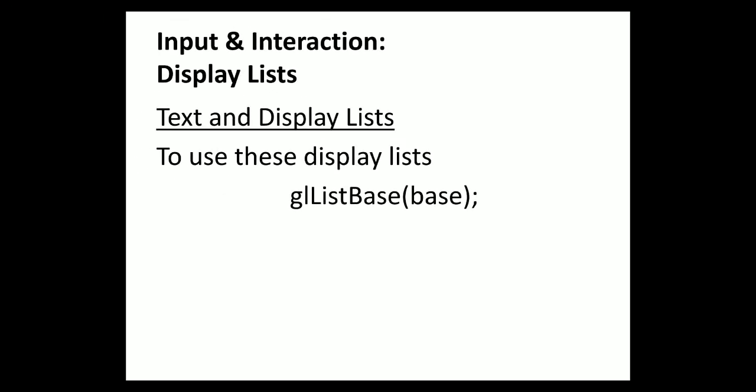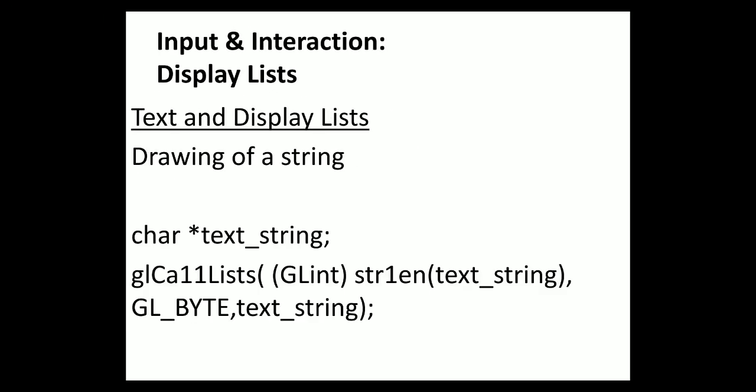Next, if you want to draw a string on the output screen, then we can make use of this particular approach. We first define a character parameter and then use the glCallLists function, in which the first parameter is the length of the string. I have already created a character array for the text string.